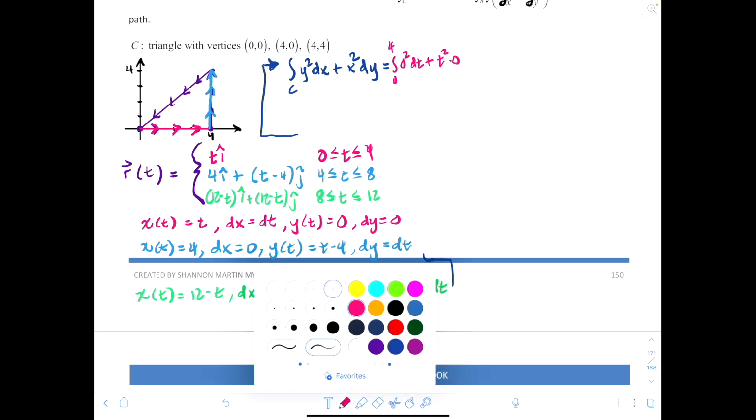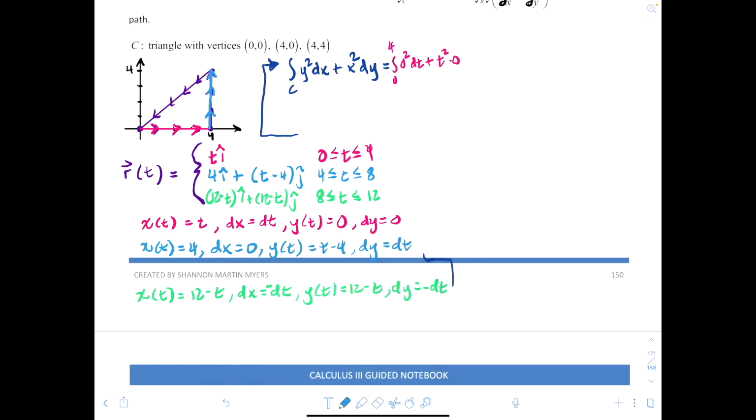Our second one, in blue, would go from 4 to 8, and y at t is t minus 4 and dx is 0, so that part zeros out, and then plus x squared, which is 4 squared, and dy is going to be equal to dt.